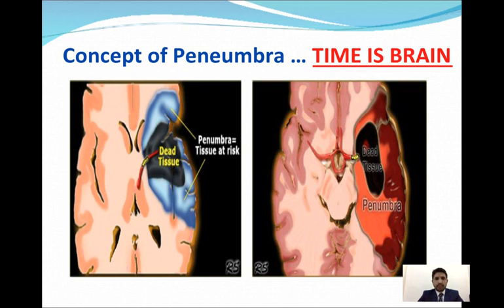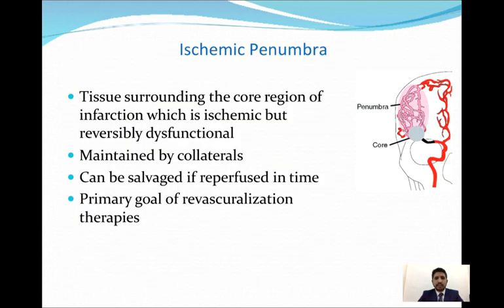So this is what we have discussed, that in the ischemic penumbra, in the beginning there is a large tissue that is at risk, but as time passes by, the core starts to increase. Here we can see that this is the blockage, this is the core, and this is the penumbra. This is all the tissue that is at risk. As time passes by, the core will start to increase and the penumbra will decrease.